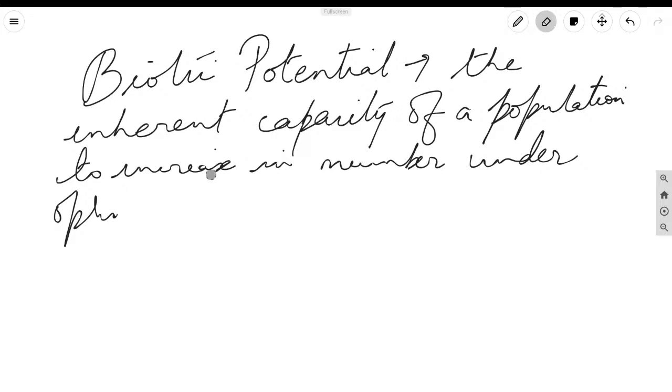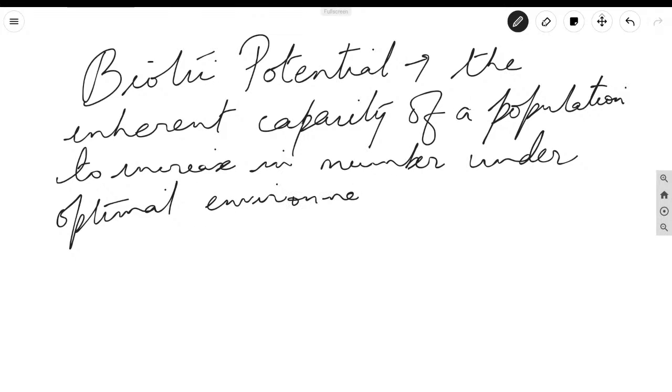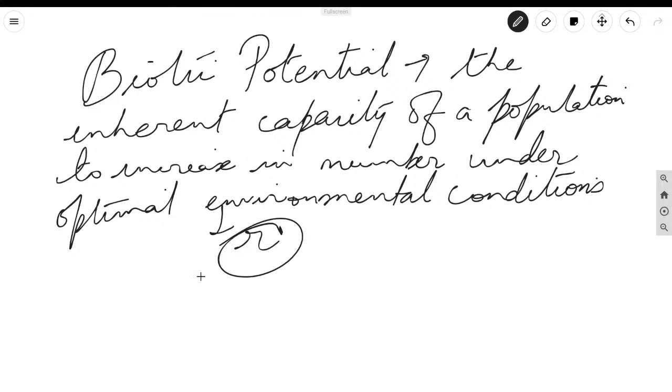That is your small r, which was there in the equation. So it is calculated as the multiple of the number of young ones produced each reproduction and the number of reproductions in a given period of time.